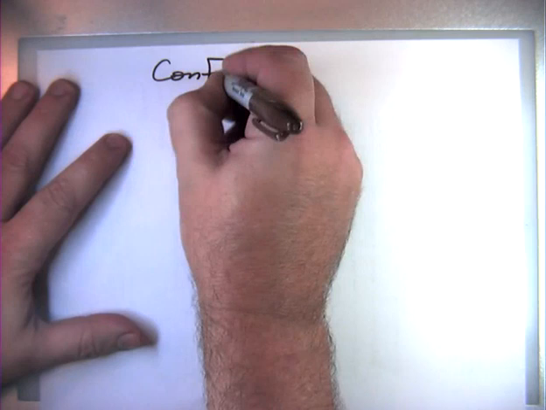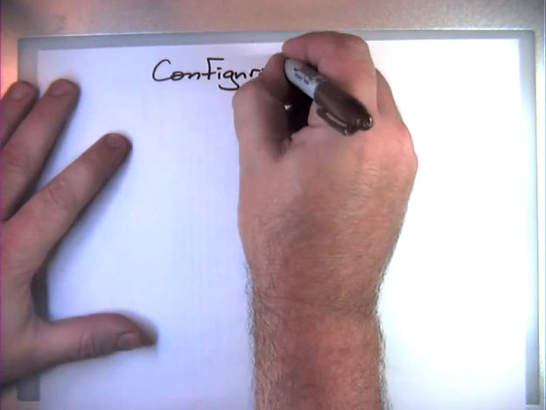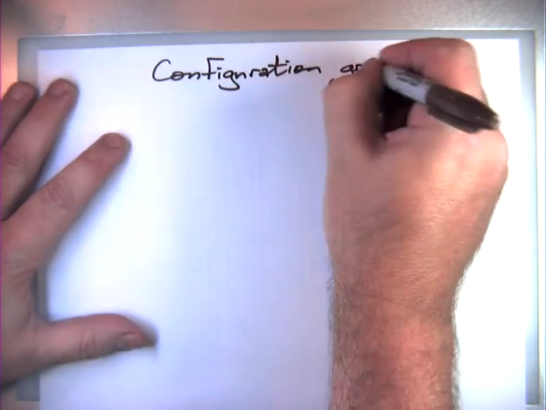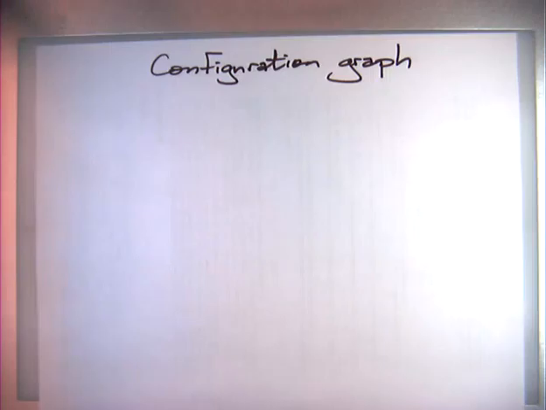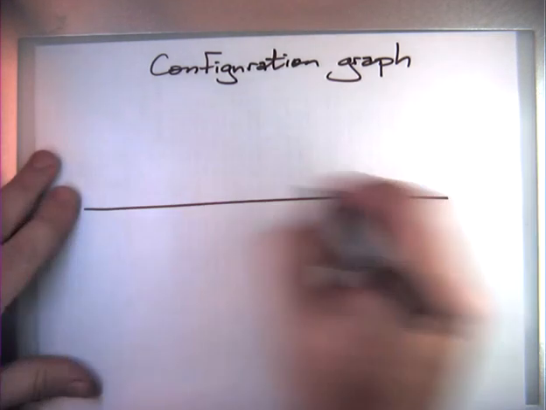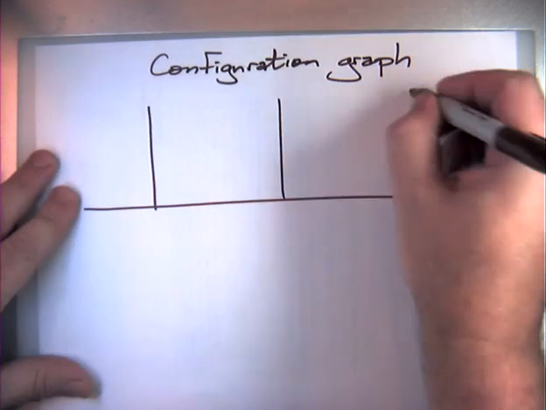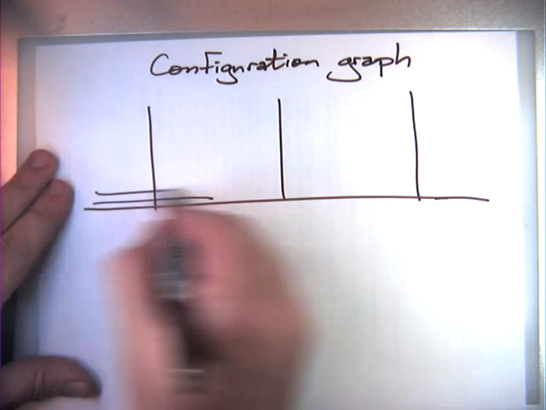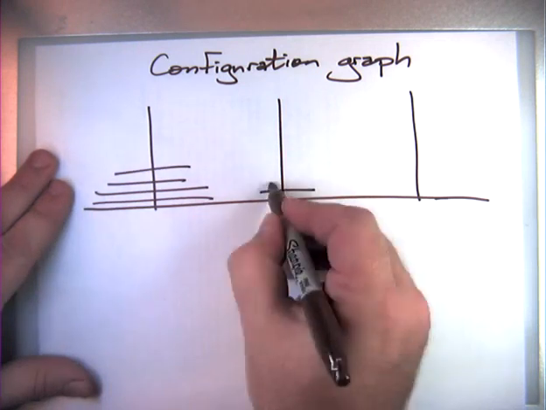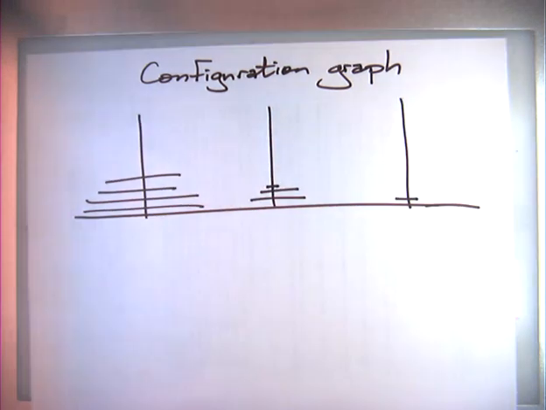I'll give another example. Okay, a configuration graph. So this was actually the very, very first example that we saw of a recursive algorithm. Tower of Hanoi.